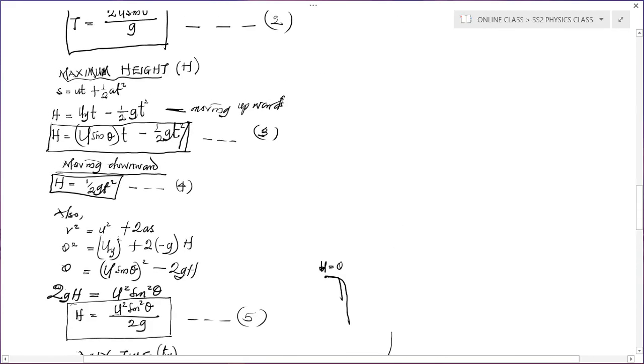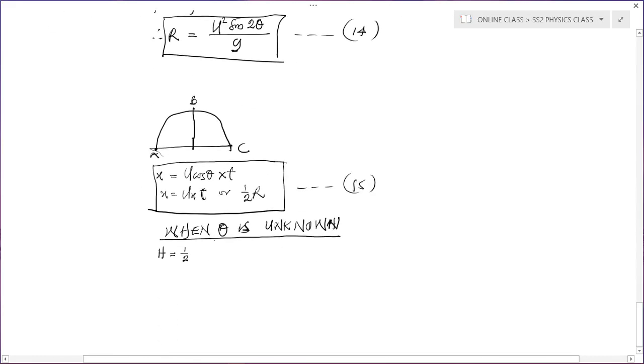Let's go to this place. This is what we are going to use at that time. Is that okay? Now we use this at that time.